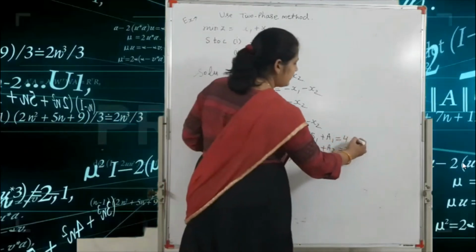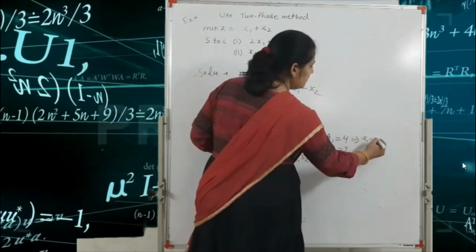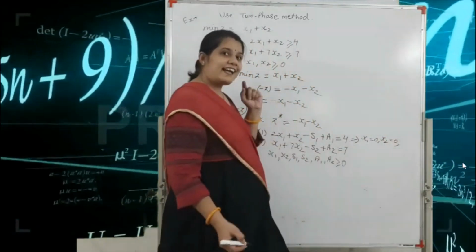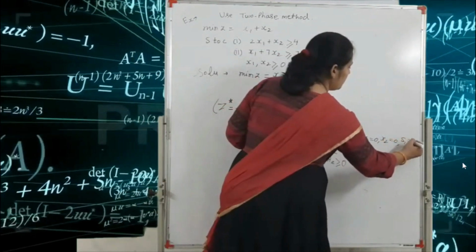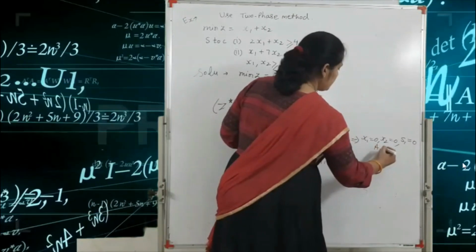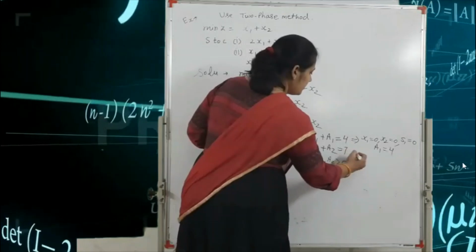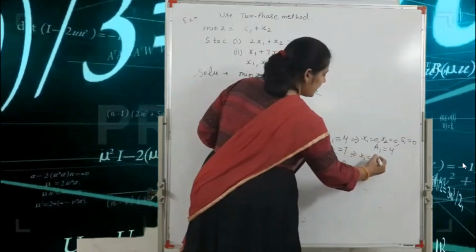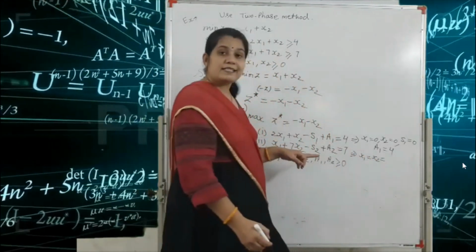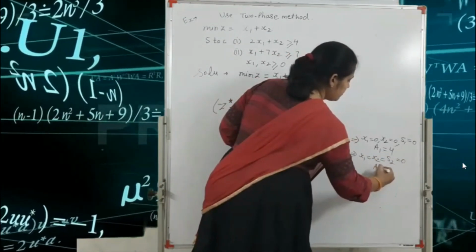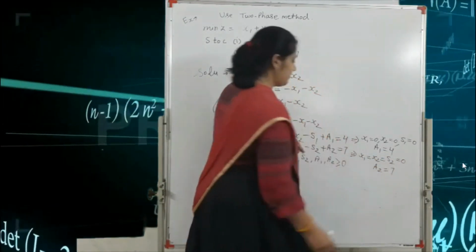The trick is that if we put x1 equal to 0, x2 equal to 0 and s1 equal to 0, we get a1 equal to 4. In the second equation, putting x1, x2 and s2 equal to 0, we get a2 equal to 7.